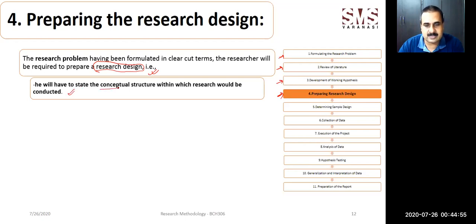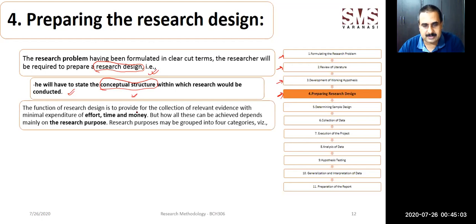So the researcher is expected to create a conceptual framework within which the entire research is going to take place. And it says the function of research design is to provide collection of relevant evidence with minimum expenditure, effort, time and money. But how all these can be achieved depends mainly on the research purpose.